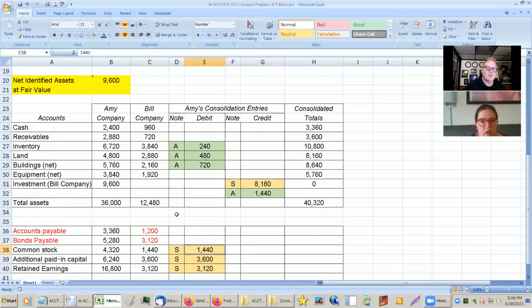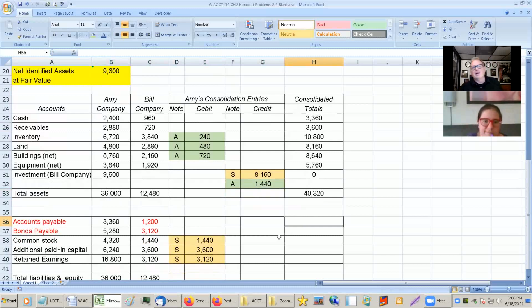Truthfully, the only thing to get added would be 36,000 plus the liabilities, basically. It's kind of weird. Not used to things not balancing like that. Well, we'll see if it balances. We'll hope it balances.